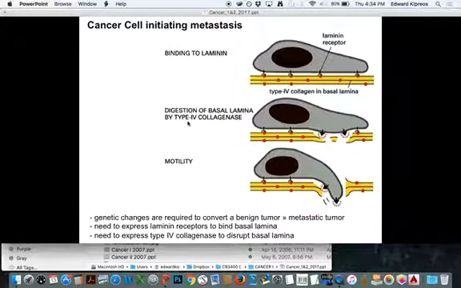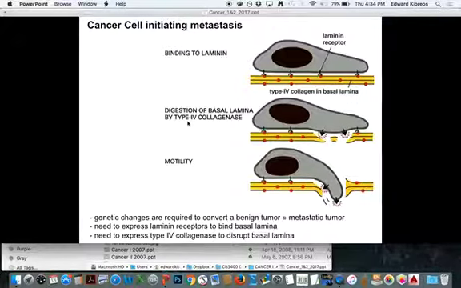So when you're talking about these capabilities, what you're really talking about is picking up the ability to do things at a molecular level. Like the cell's got to be able to cross this barrier. First, it's got to be able to attach to it. So if they weren't expressing the laminin receptor, where laminin is a part of the extracellular matrix, the laminin receptor allows it to bind like to collagen. If it doesn't have that laminin receptor, it can't actually attach. If it can't attach, it can't do anything.